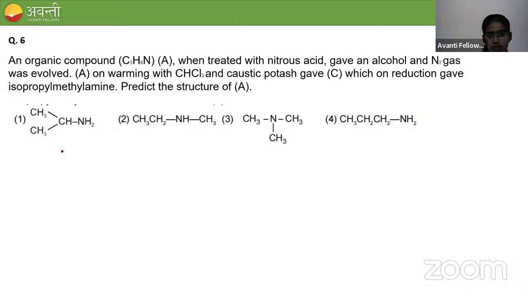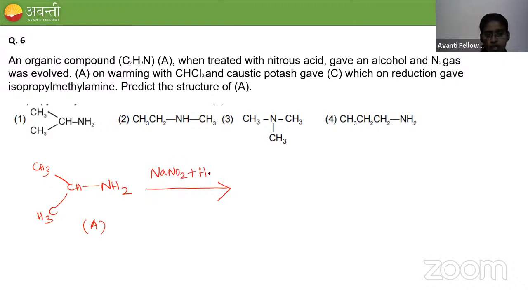So this is the given compound, CH3, CH, CH3 and NH2. When compound A is treated with nitrous acid, what is the nitrous acid mixture? It is NaNO2 plus HCl mixture.